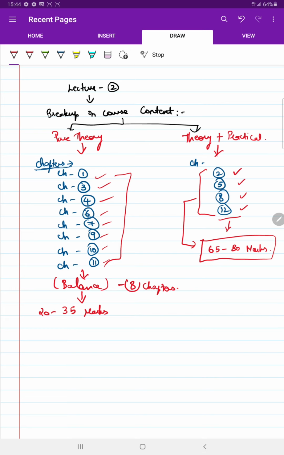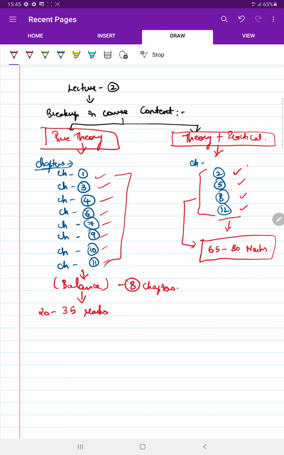All the 8 chapters are pure theory chapters, but for theory and practical together you have to study only 4 chapters to score 65 to 80 marks.